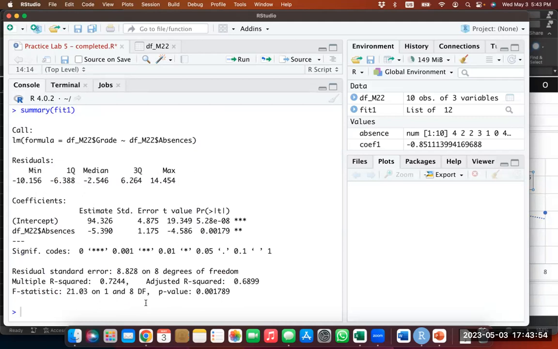You will see, and you remember how we looked at the statistical output of various regression functions earlier in the module, you have here the linear model, df grade as a function of df absences. We get the so-called residuals.